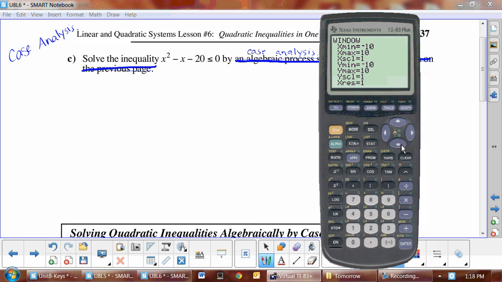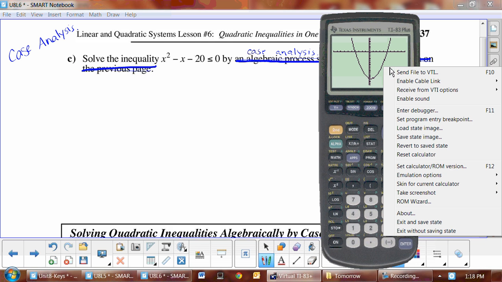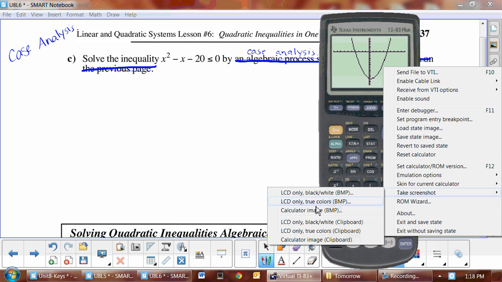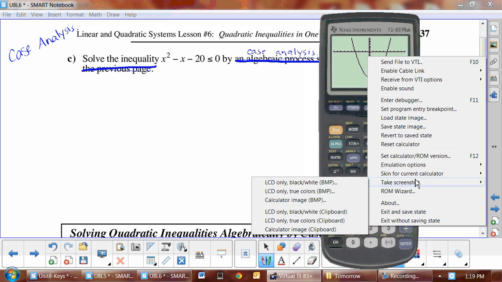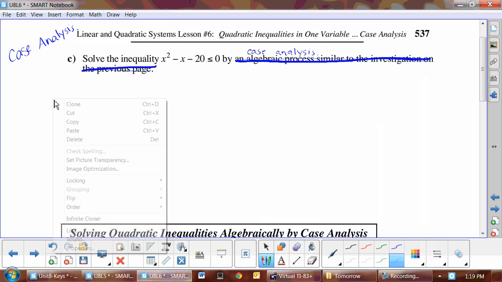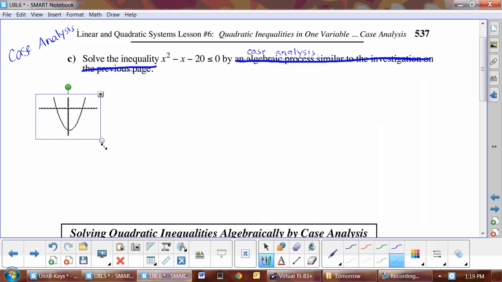Okay? So we know our y-intercept is negative 20, so I'm going to make my y-min negative 25. Okay? So you'll want to draw a picture of this. And draw it on your paper like that.